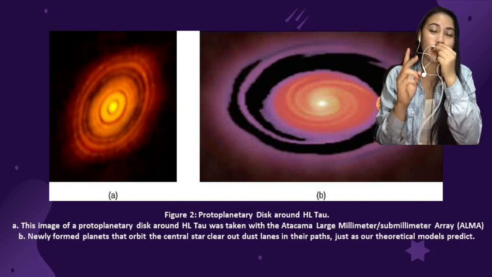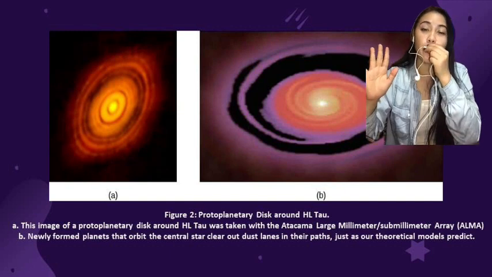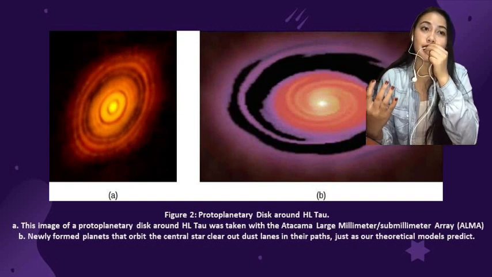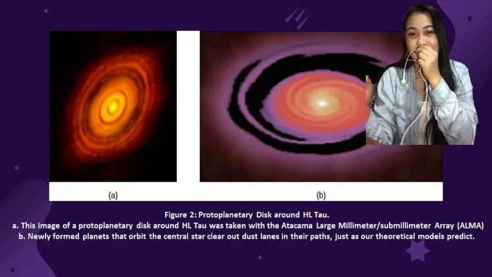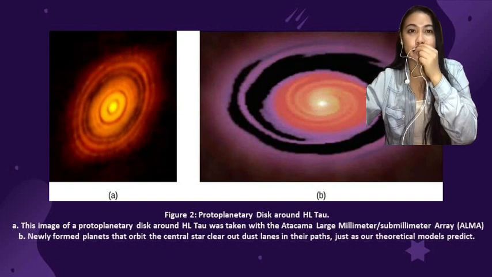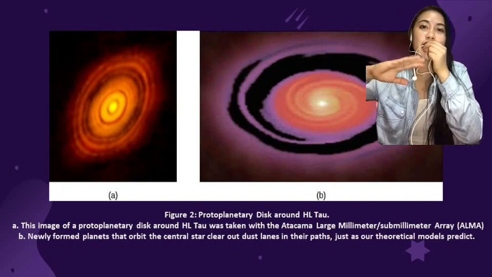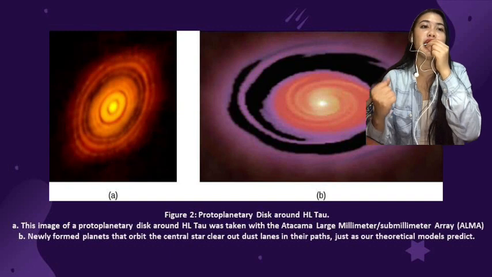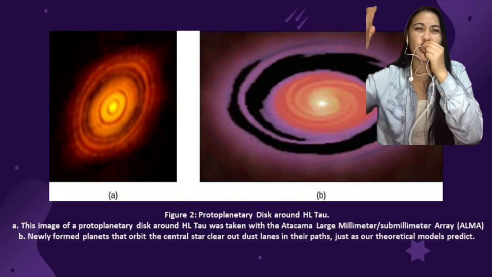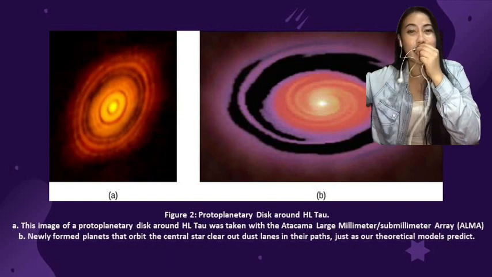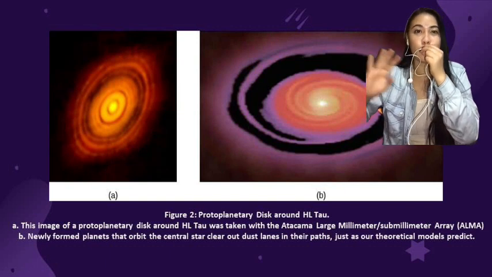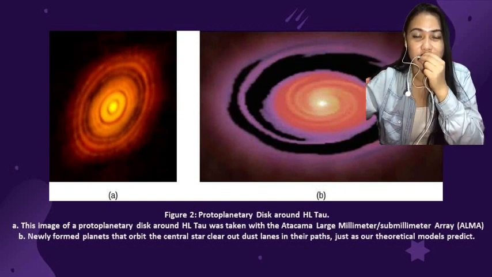And then yung B po, it is newly formed planets that orbit the center star, clearing out dust in their paths, just as theoretical models predict. Okay, this computer simulation shows the empty lane and spiral density waves that result as a giant planet is forming within the disk. So this planet is not shown to scale. Okay, remember that. Take note.